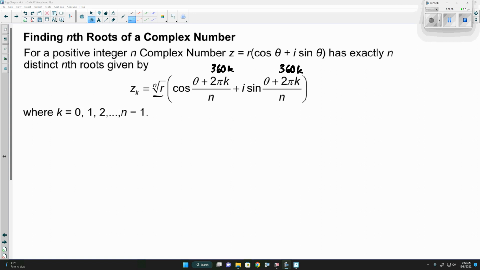K is kind of the number of roots minus 1. So if we said the cube root, n was 3, well, we'd have 0, 1, 2. Because there are 3 of them, but we always start with 0. That's also why it says n minus 1. So 1 less than the number of roots we're taking. N's our root, and we're just plugging these in.